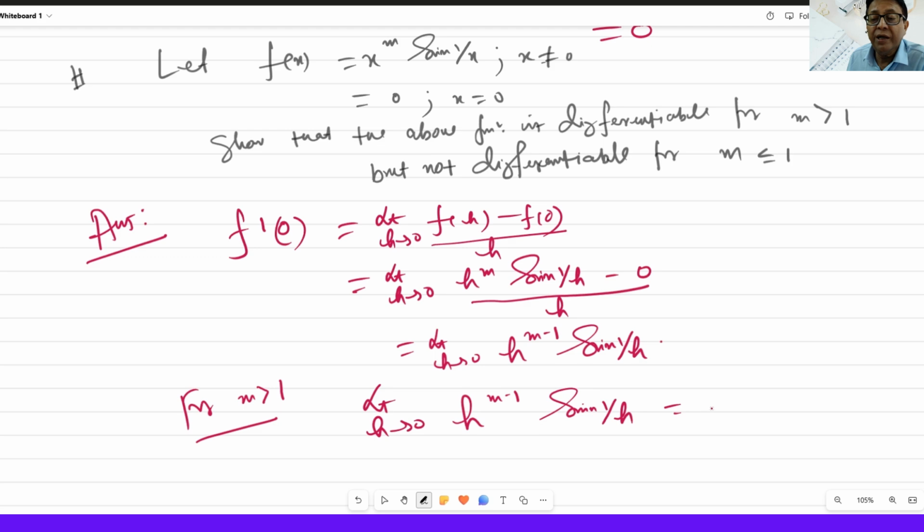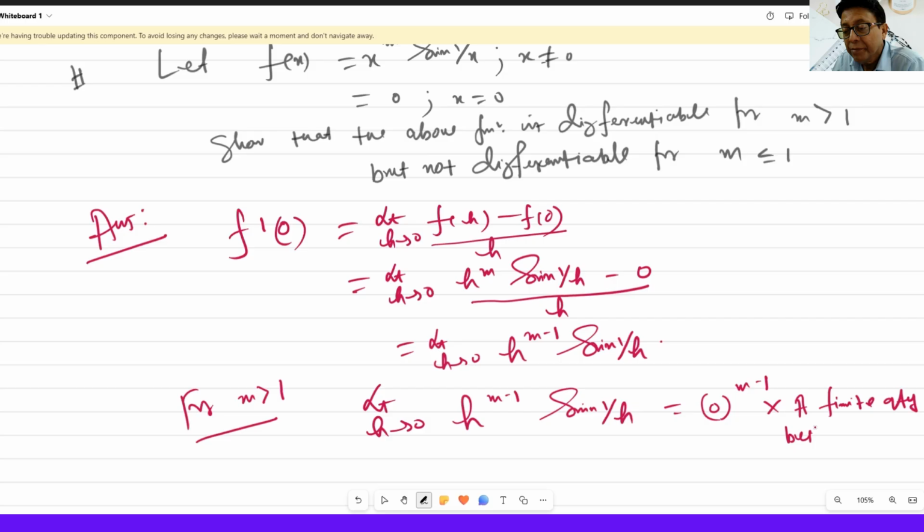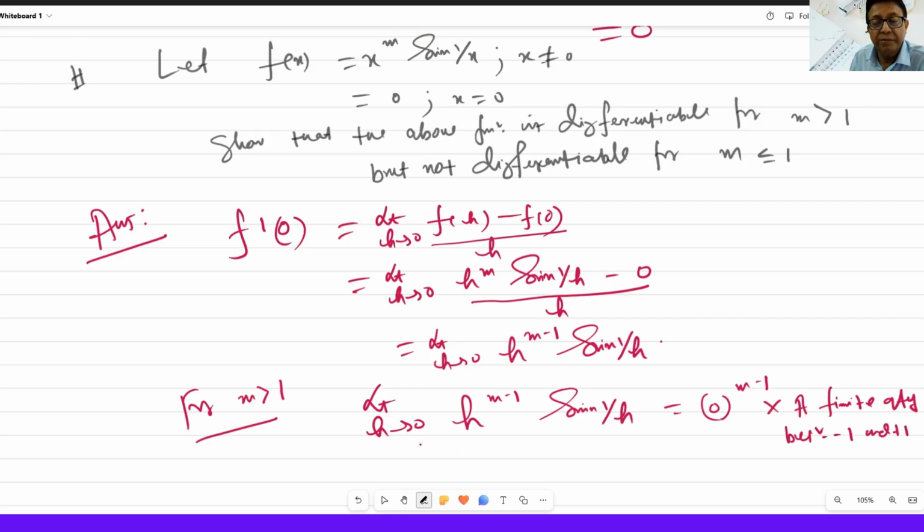So this we can write 0 to the power m minus 1 into sine, always lying between minus 1 and plus 1, a finite quantity between -1 and +1.